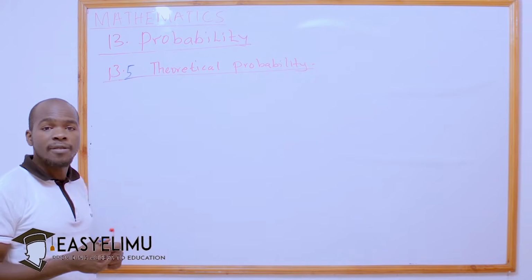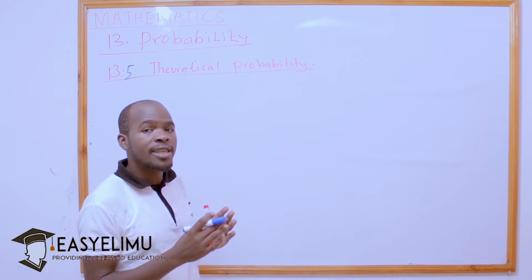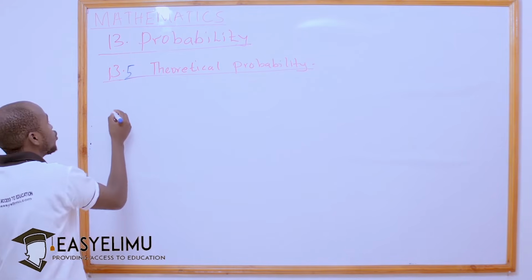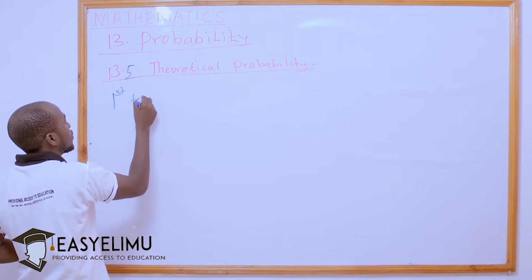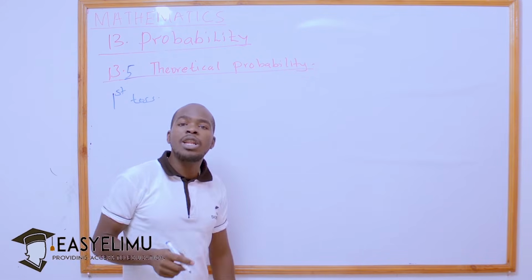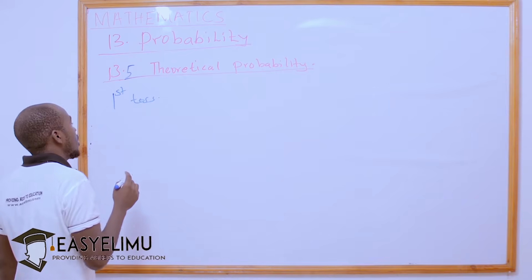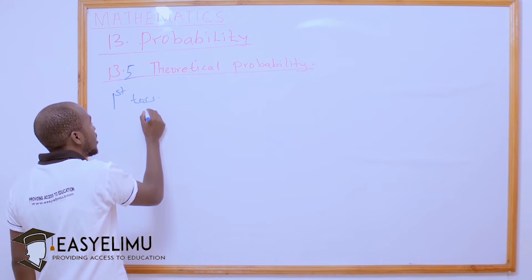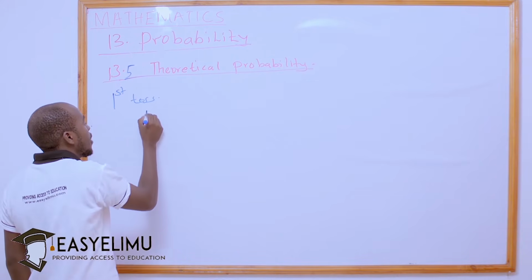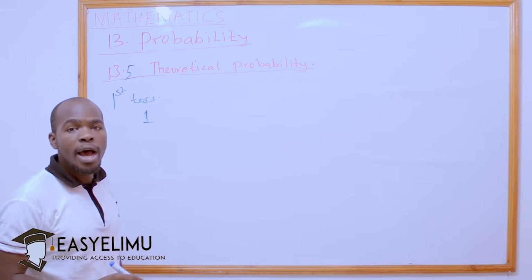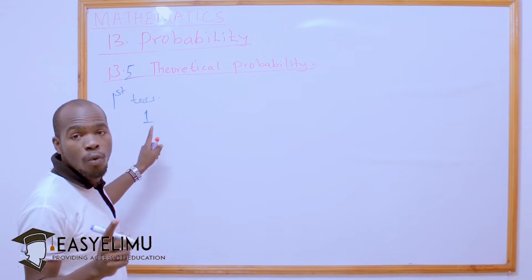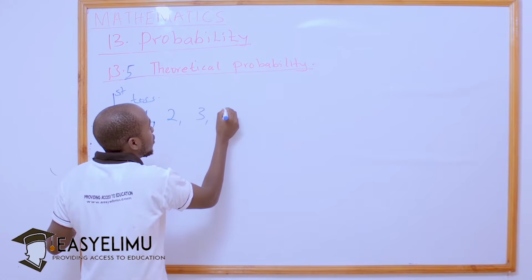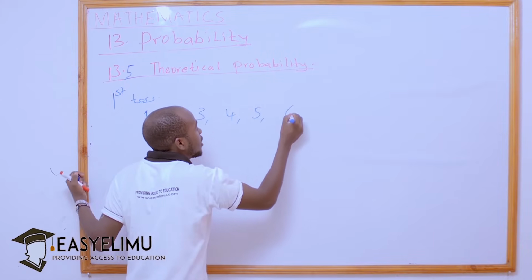And it has 6 faces. In case these 6 faces are numbered 1 up to 6, if you toss only once, the sample space will have 6 outcomes. So the dice may show up number 1, or number 2, or 3, 4, 5, and 6.